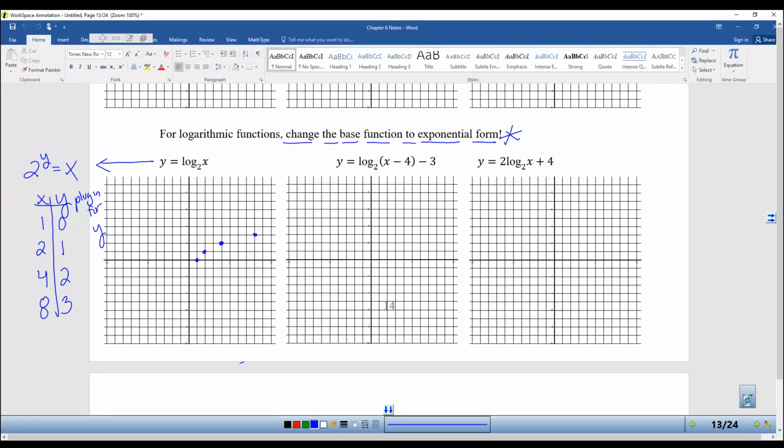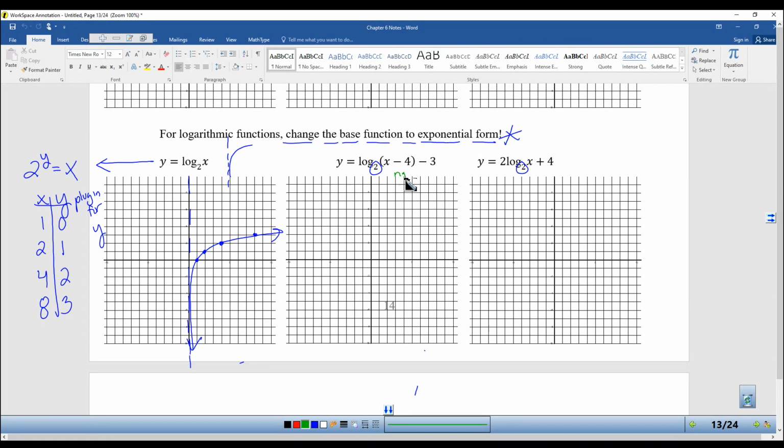So I have (1, 0), (2, 1), (4, 2). And as always, these points don't mean anything if you don't know rule 1, which is to know the shape, and if it comes with it, the asymptote. So I have an asymptote. I know what the shape is supposed to look like, and now I have a bunch of points. I can make a really nice graph with just 4 points. Because these are also base 2, I can keep this same table that I made. I'm just going to change where I start.